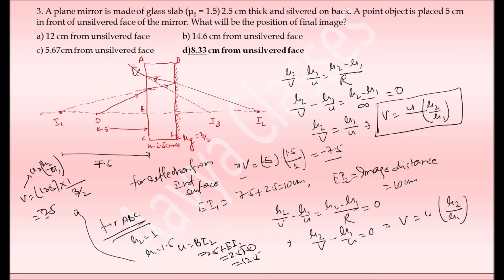So from there we get 25 by 3, that is equal to 8.33. So we get the image formed is 8.33 from the unsilvered face. So if you see the option, then the answer D is correct, 8.33 centimeter from unsilvered face.